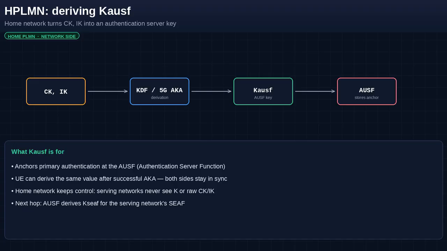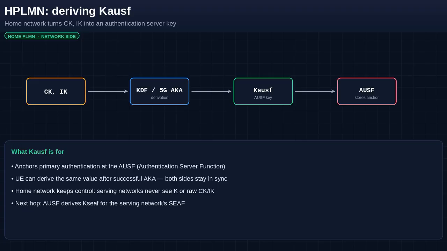Why invent another key instead of just using CK and IK everywhere? Separation of privilege. CK and IK are AKA outputs. KAUSF is a stable anchor that represents this subscriber just authenticated successfully for the rest of the 5G core. Serving networks will need a key, but they should not inherit the home network's deepest secrets.